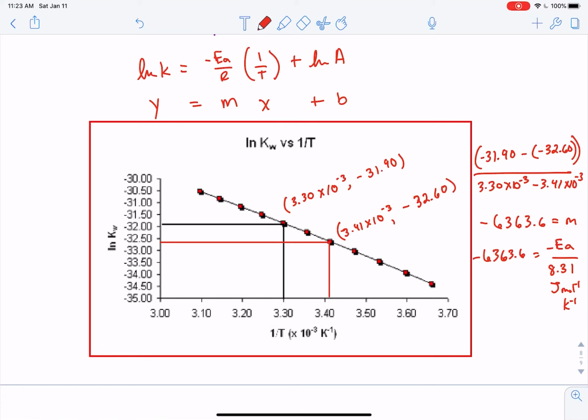So I can solve for my activation energy now because I multiply that by 8.31. That gives 52,881.8 joules per mole, or 52.881 kilojoules per mole.